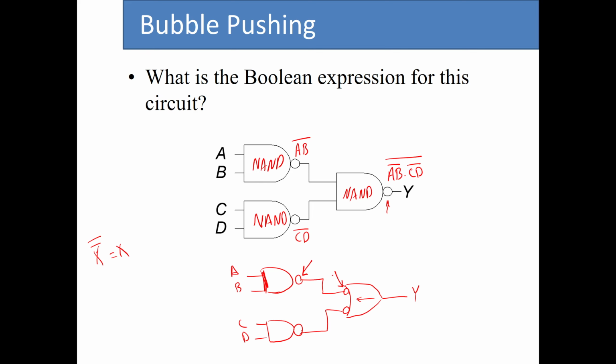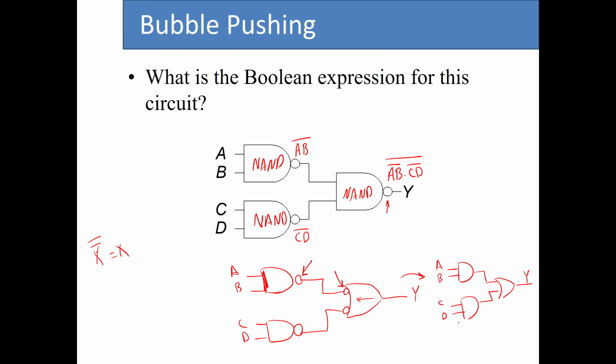Based on this, I can simplify this even more. Let me quickly draw the simplification. We have A, B going through an AND gate, C, D going through another AND gate, and then since the bubbles are cancelled, now we have simply one OR gate that creates the output Y.